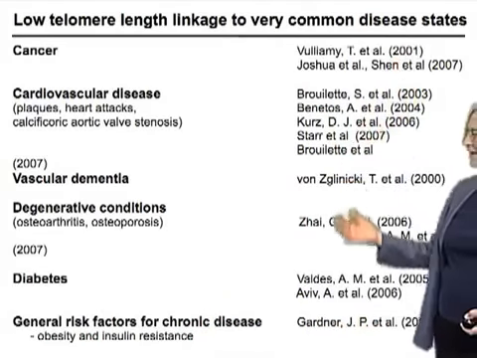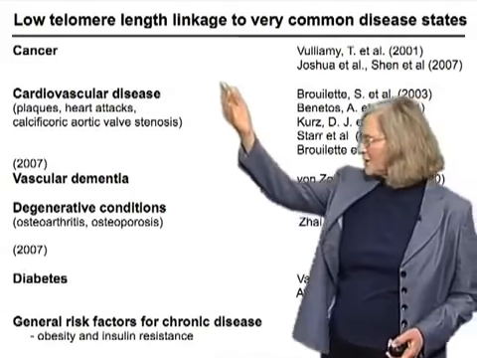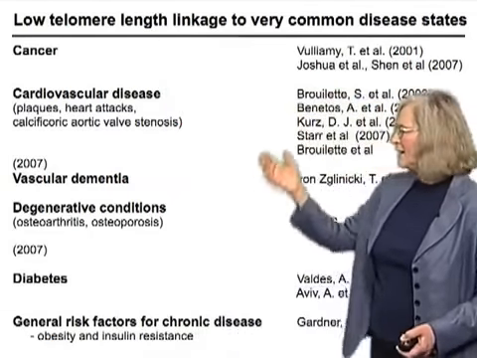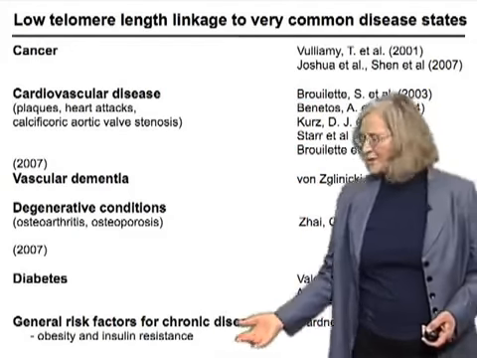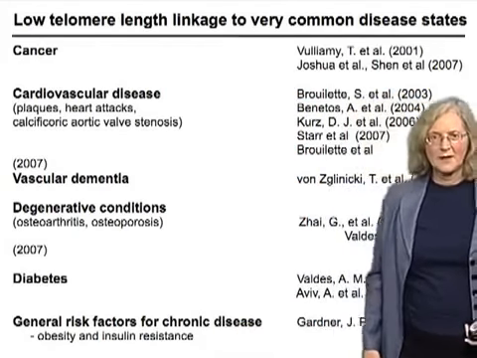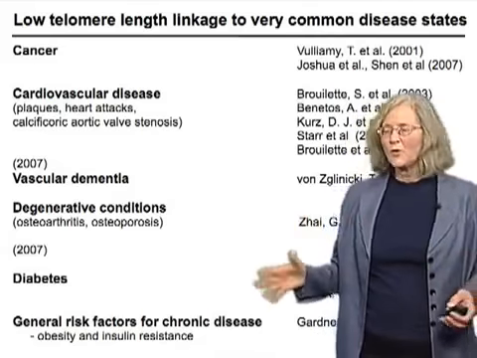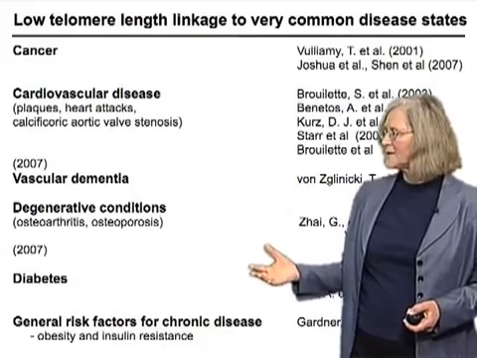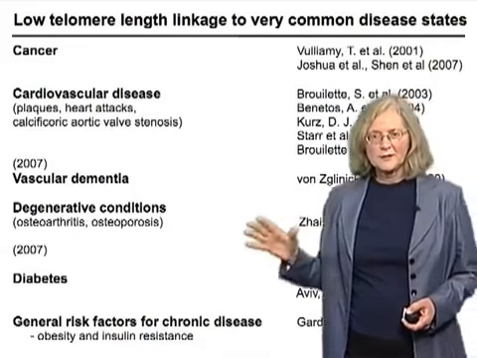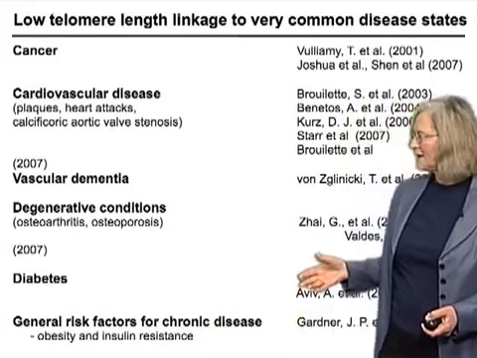And a great many studies have linked shorter telomeres in white blood cells to these rather common diseases of aging or risk factors for such diseases. So in a great many cohorts, low telomere length is certainly linked to these diseases. The causality, of course, is not determined by any of these studies.